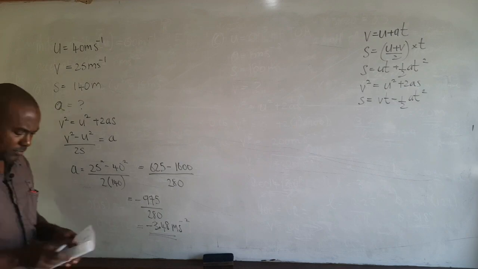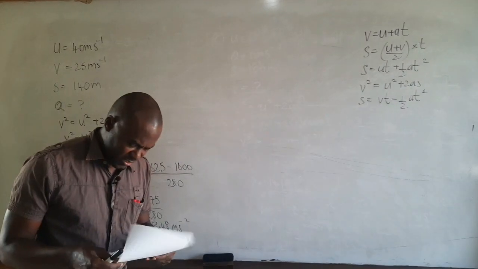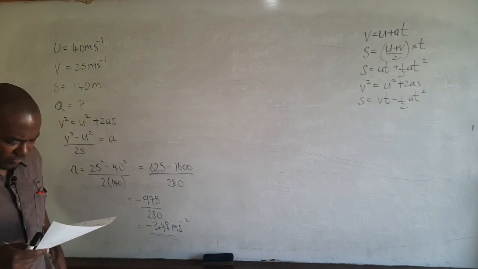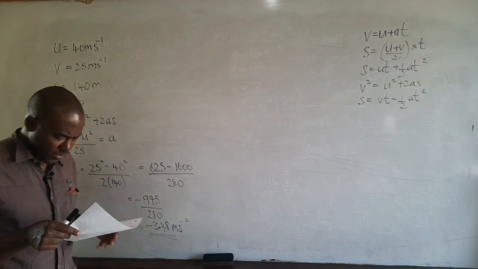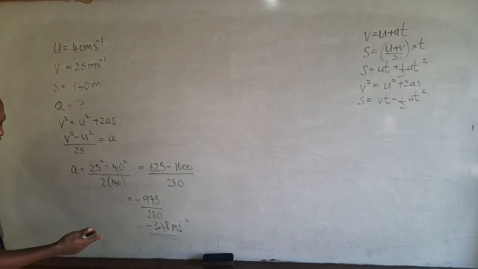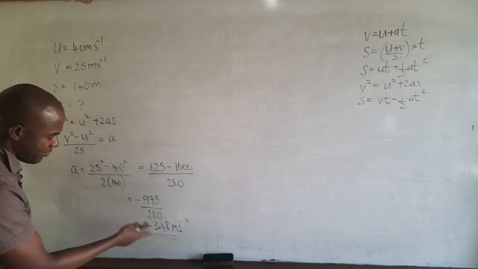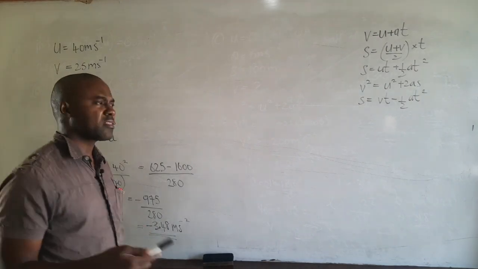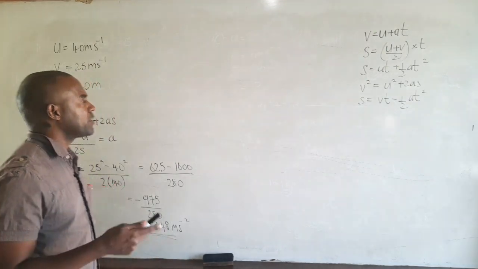Now the question asks us, if the retardation remains constant, what further distance will the car travel before coming to rest? So we found this retardation, or the acceleration. And they want us to find the further distance that the car will travel before coming to rest.